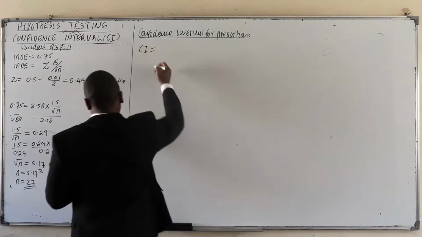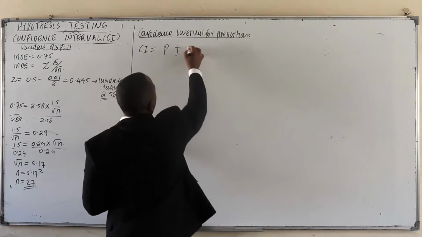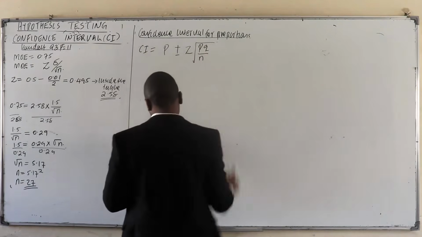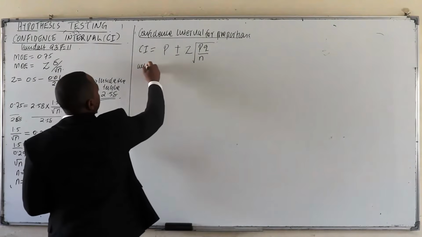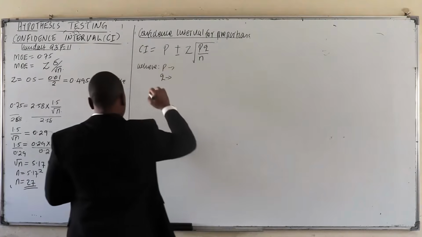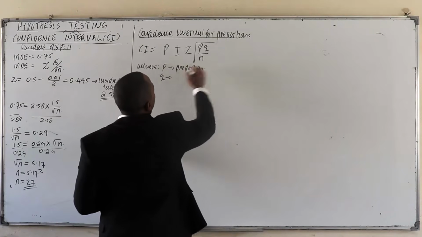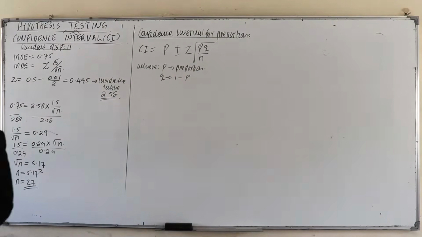So CI is the proportion, P, plus or minus Z times the square root of PQ over n. Where, what's P, what's Q? P is the proportion. Q is 1 minus P.